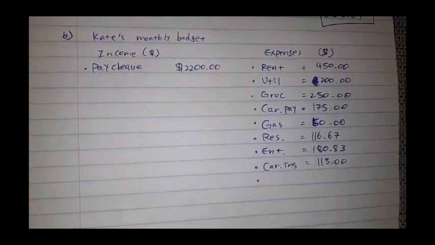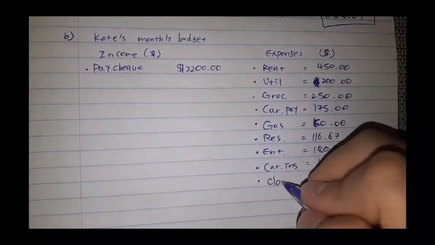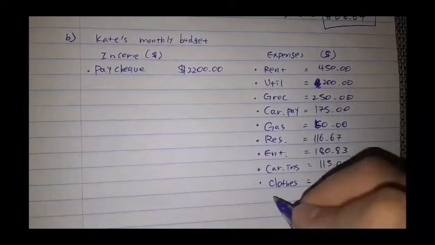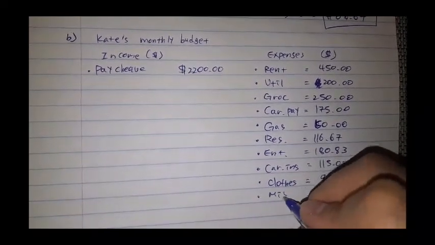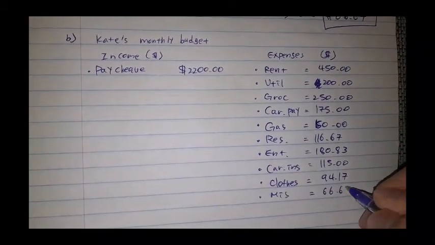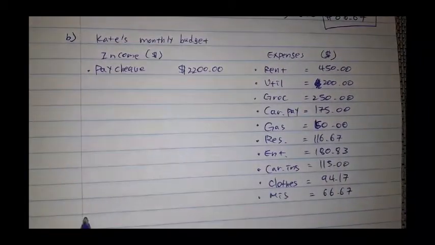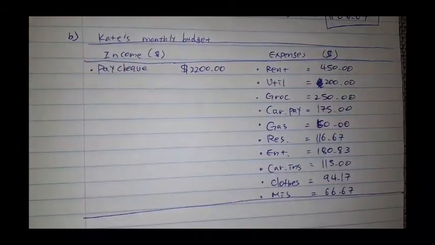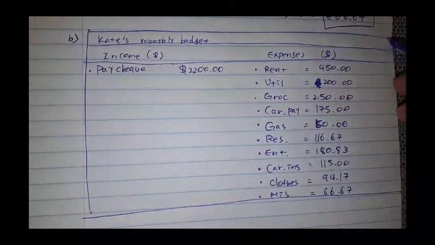And I know it can be tedious, but it's a part of the process. Clothes, 94.17. Miscellaneous, $66.67. So that's what we have as a budget table.